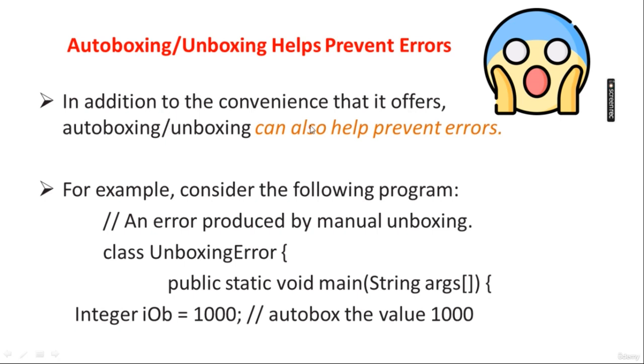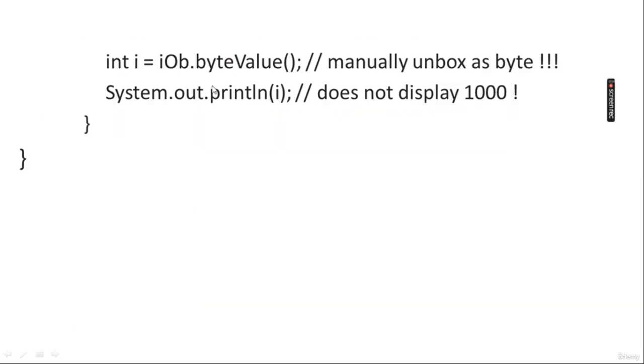In addition to the convenience that it offers, autoboxing and unboxing can also help prevent errors. For example, an unboxing error. Integer iOb is equal to 1000. It will be automatically boxed and converted to the wrapper class, and the object iOb is created. Here, iOb dot byteValue.